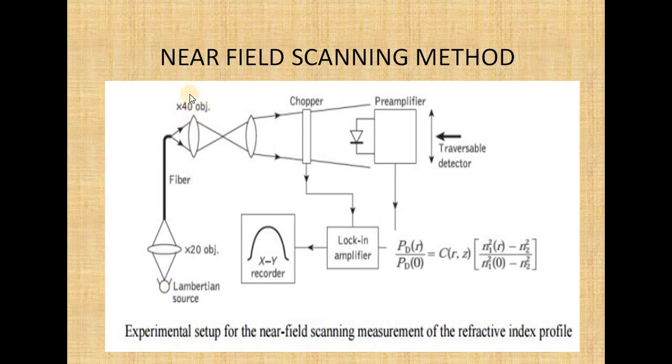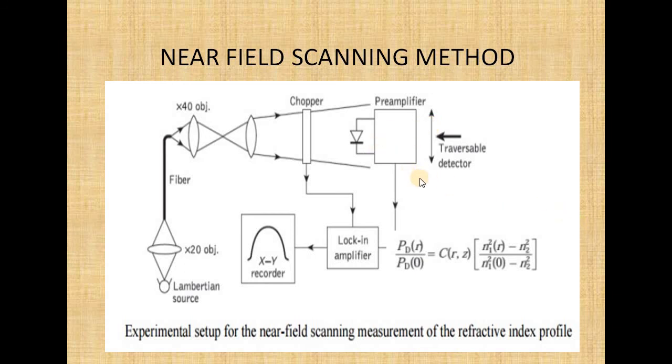This lens is used to magnify the light rays, and we are using the chopper. It is mainly used to cut the light rays into smaller parts. It is passed through the preamplifier section. Mainly this traversable detector is used to obtain more power at the core and slightly less when it is away from the core axis.